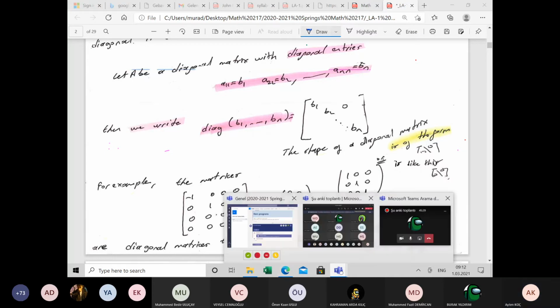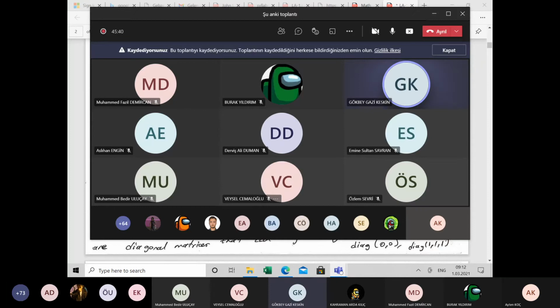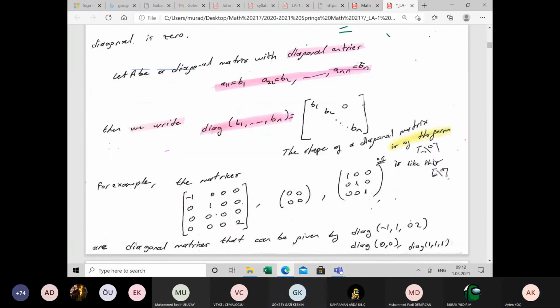A 1 by n matrix, maybe. 1 by any number, and it contains only one row. So one row. It's okay.